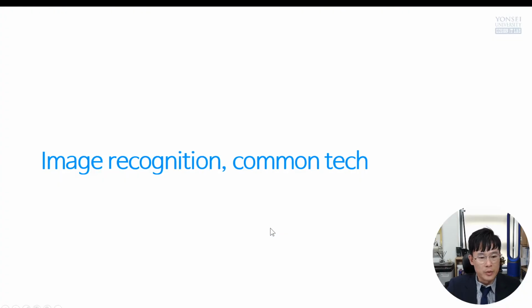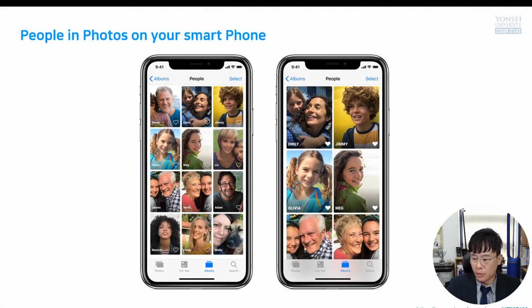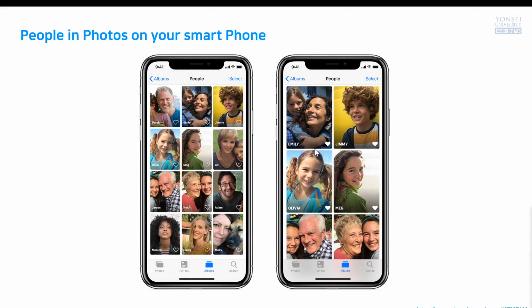Take a look, image recognition, but actually image recognition is very common technology, right? Why am I saying this is common technology? Let's take a look at our smartphones. As you know, your friends, your family, by names or even without names, are automatically classified in your smartphone.